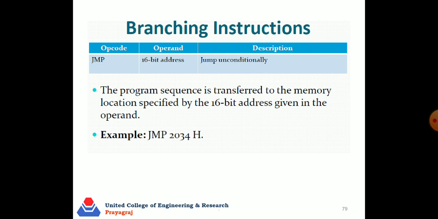But after execution of this instruction it breaks the sequence. The execution of the program can be transferred to any location given by the operand, but it is very, very important that it is within the program.